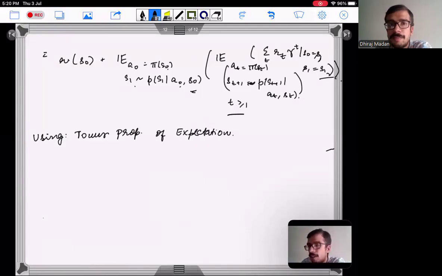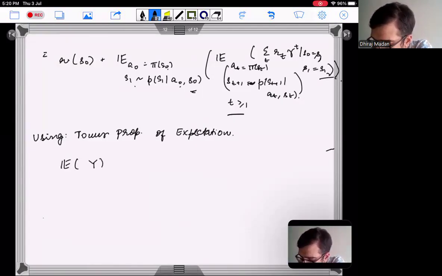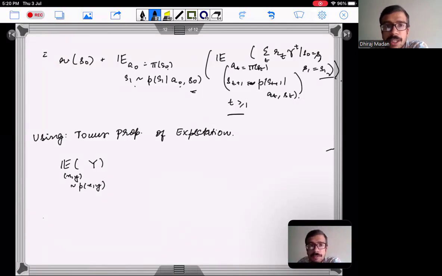So what does this say? Let us say that you want to compute the expectation of some random variable y, wherein the joint distribution of x and y comes from p of x, y. One way is that you can first marginalize over x and then compute this expectation over y.